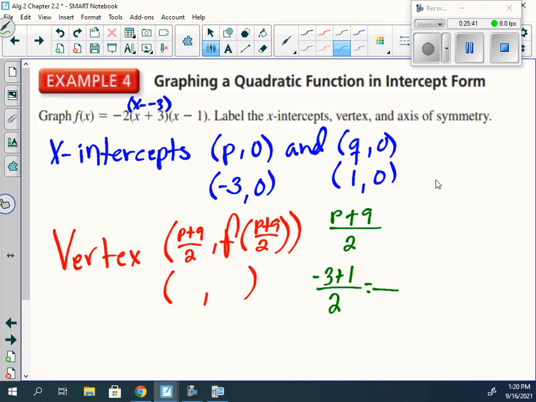Well, negative 3 plus 1 is? And negative 2 divided by 2 is? Negative 1.